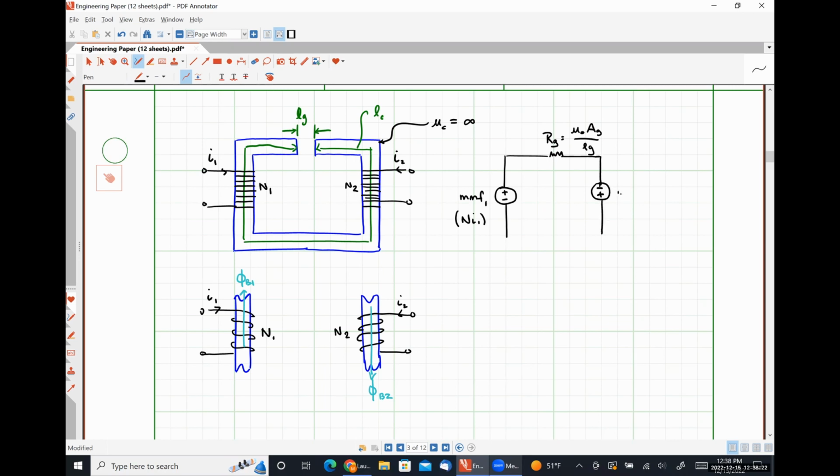And then over here, I have my MMF2. Excuse me, the first should be N1 I1. This is going to be N2 I2. Like so.